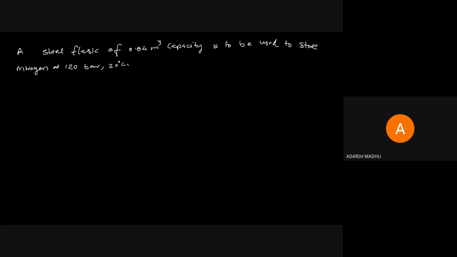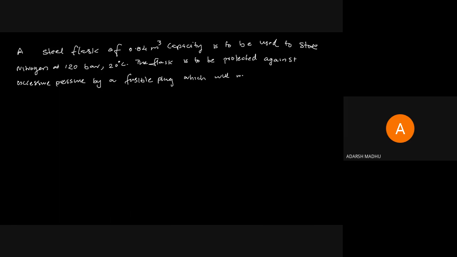The flask is to be protected against excessive pressure by a fusible plug which will melt and allow the gas to escape if the temperature rises too high.